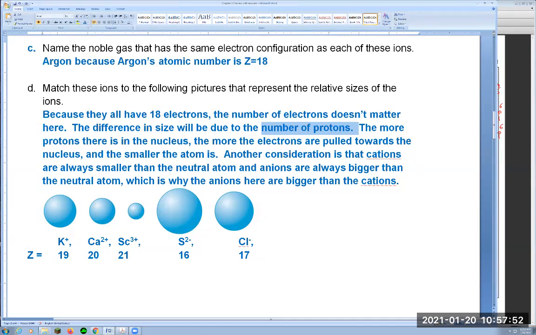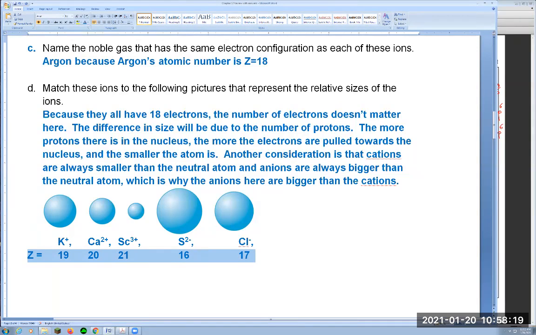And so the smaller the atom is. So the way to give the correct ion to the correct size is by using the atomic number, because the atomic number represents the number of protons.